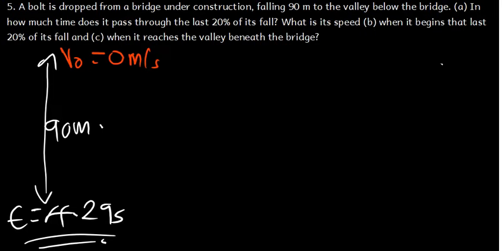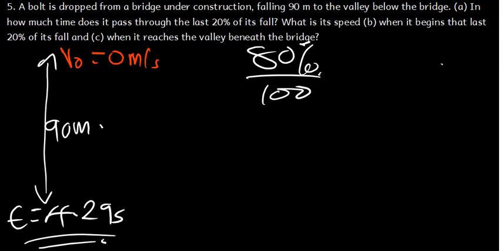Now they want us to find the last 20%. So first we need to get the 80%. What is 80% of 90? A percent is always over 100, so we have 80 divided by 100, which is 0.8, then times 90.